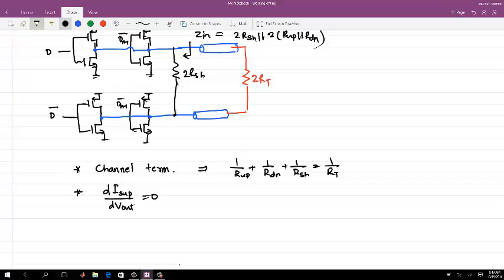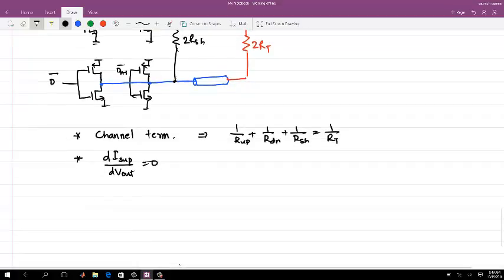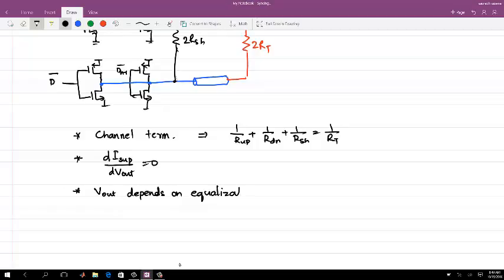And V out, what V out do we want to transmit? That depends on equalization. So the other thing is that V out depends on equalization. I do not think you can have V out independent of R. It's difficult.